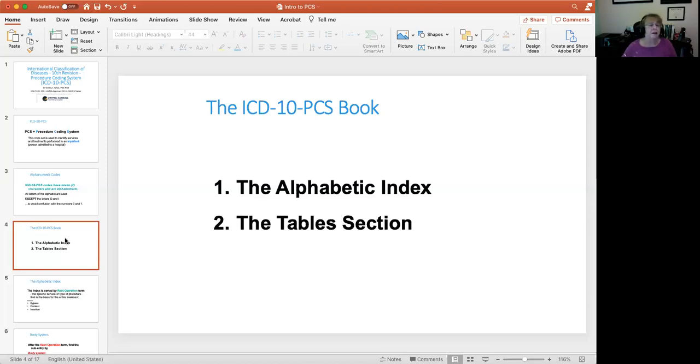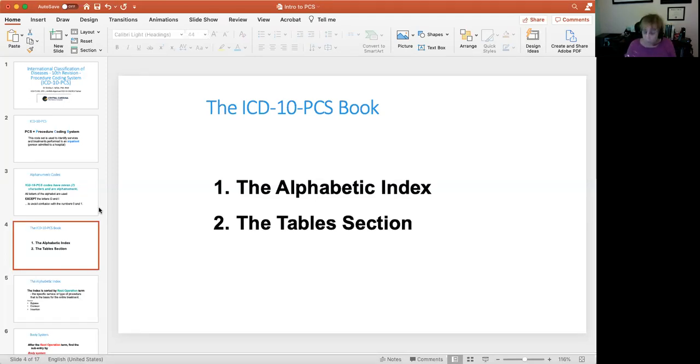Or you might not. All right, so unlike ICD-10-CM, you are not required to use the alphabetical index. So as you start to learn how to use this book, you can go directly to the tables and work on building your code. And that will happen as you get used to the organization of the book, which is pretty straightforward.